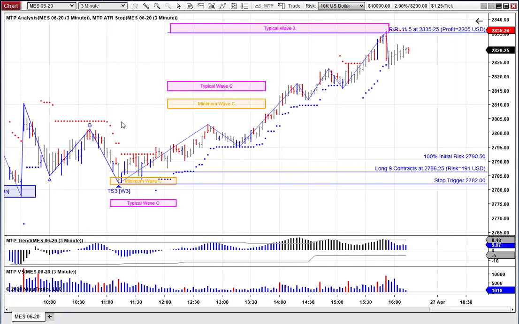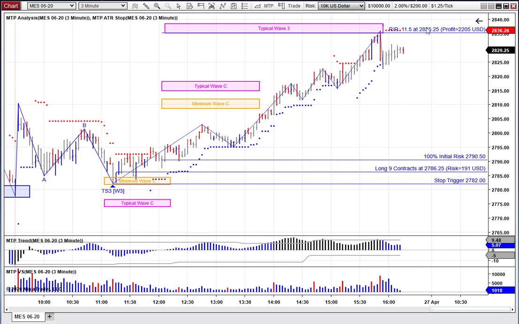And again, this is why it's one of our favourite trade setups at MTPredictor, because it has the ability to catch the end of the wave 2 to get you in at the start of the Elliott wave 3, and the Elliott wave 3, because it's the largest and or the strongest and longest in a completed 5-wave sequence, therefore has the potential to have the biggest move, i.e. produces the largest profit for the smallest initial risk.